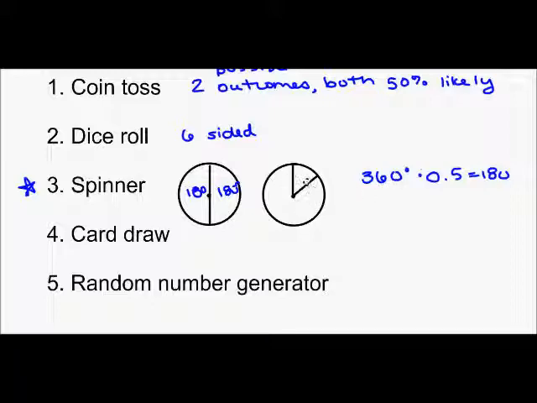If you had, maybe, a 12.5% likelihood, you multiply by 0.125, and you get 45 degrees there. So you can multiply that 360 by anything.